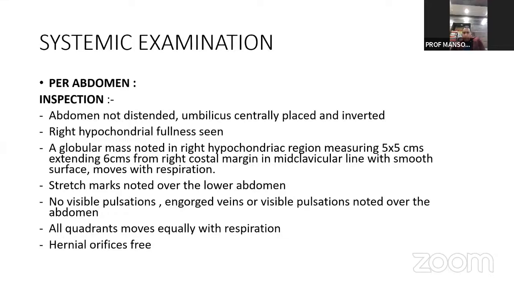So in a lump which you presume is a gallbladder lump, why do you want to see the umbilicus? Anything special in the umbilicus you can feel? So in the presence of ascites, the abdomen will get distended and the umbilicus will be everted.